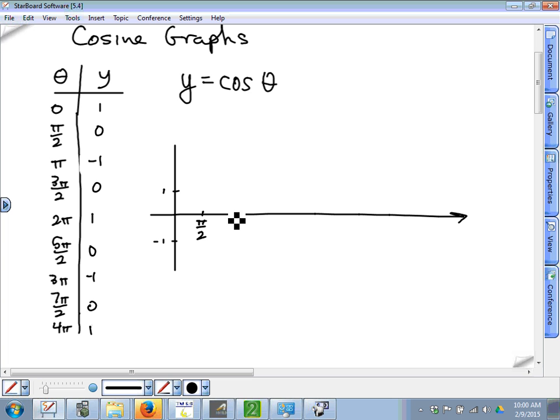And then label pi halves, pi, 3 pi halves, 2 pi, 5 pi halves, 3 pi, 7 pi halves, and 4 pi. Just a quick question before we graph this. How many cycles is this?